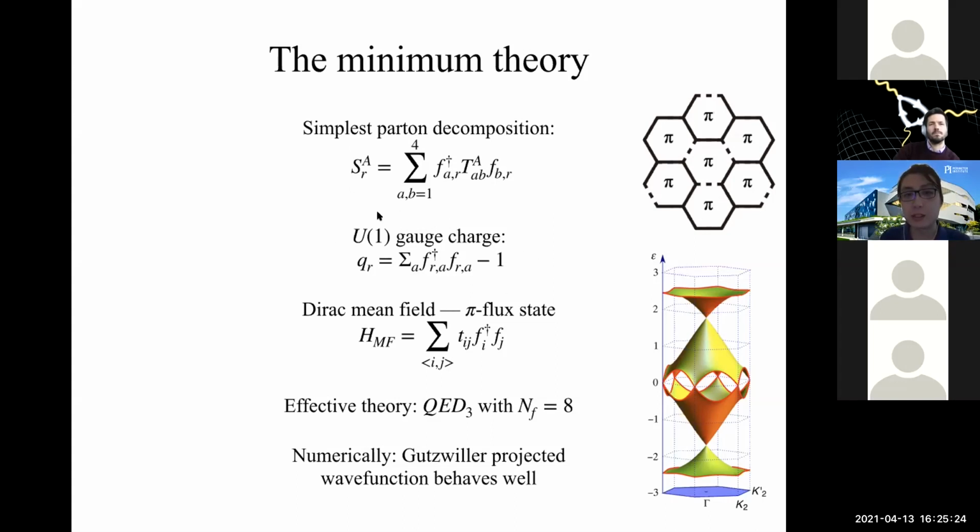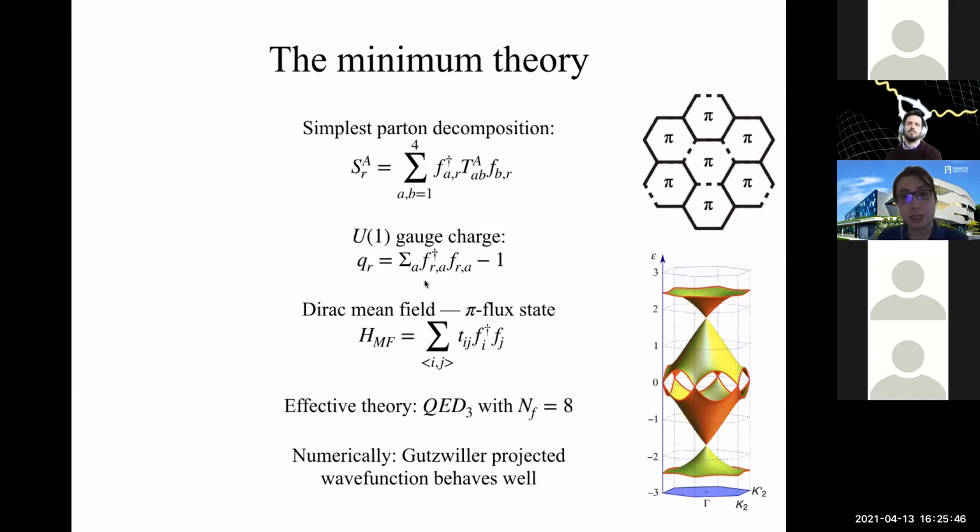So you get a U1 gauge theory, and again, the gauge charge is defined as fermion occupation number minus 1. Minus 1 because F lives in the SU4 fundamental, and my physical Hilbert space has one SU4 fundamental per site. So to recover the Hilbert space, I want one fermion occupied per site.